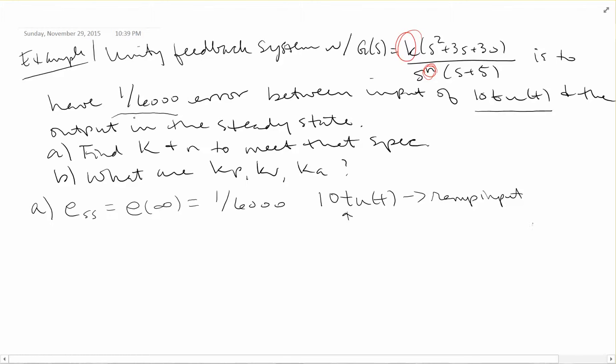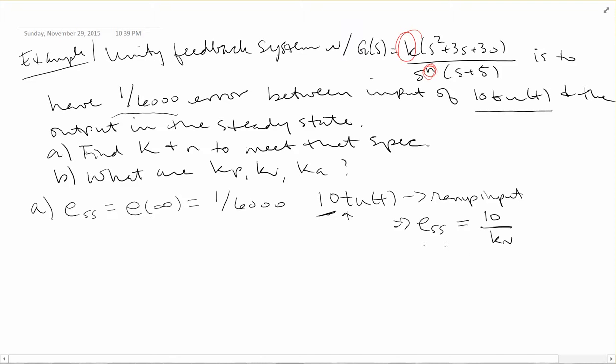Okay. Now, if you remember back from the lecture for 7.3, using the error constants that we talked about, if we have a ramp input, our steady state error can be rewritten as 10, since we have this 10 here, over Kv.